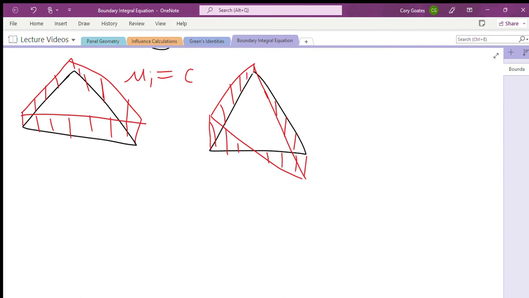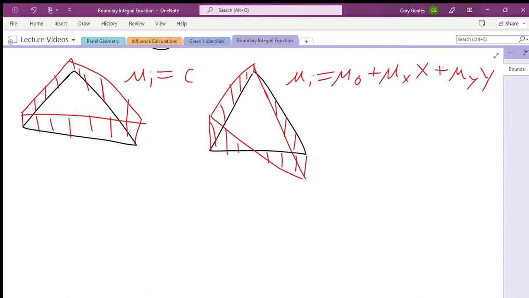So now we've got mu sub I is equal to some average term plus mu sub x times whatever our x location is in the panel plus mu sub y times whatever our y location is in the panel. Okay? And again, this is entirely up to us.